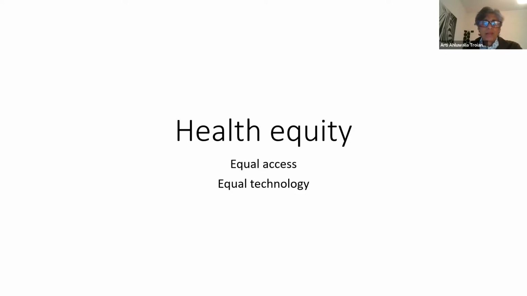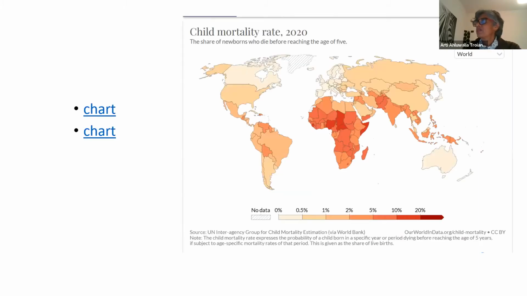If you think about health equity, there are several parameters that we use to assess how equal healthcare and good health is across the globe. One of the most important is child mortality. As you see on this graph, child mortality is very different across the globe.